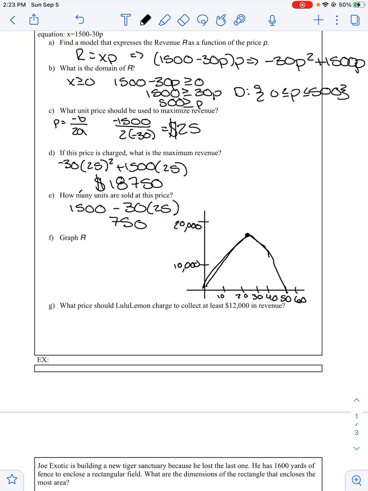Then G, what price should Lululemon charge to collect at least $12,000 in revenue? So we want to collect $12,000, so that's what our equation is going to be set equal to. I can make this like the ax squared plus bx plus c form.